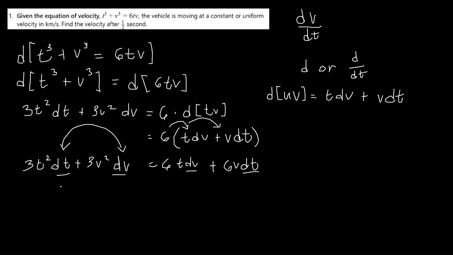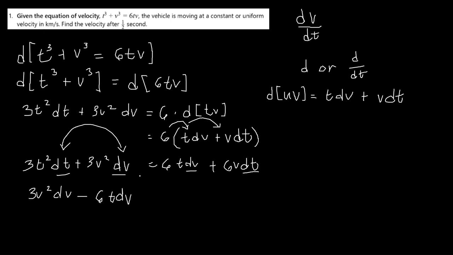So what we're going to do is transfer like terms on each side. So we're going to leave v on the right side, so this will become 3v squared dv minus 6t dv.